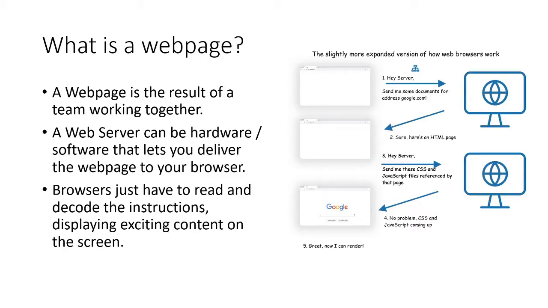So what is a web page? A web page is a result of a team working together. A web server can be hardware or software that lets you deliver the web page to a browser. The text editor you are using is the software, and the hardware is the web server.